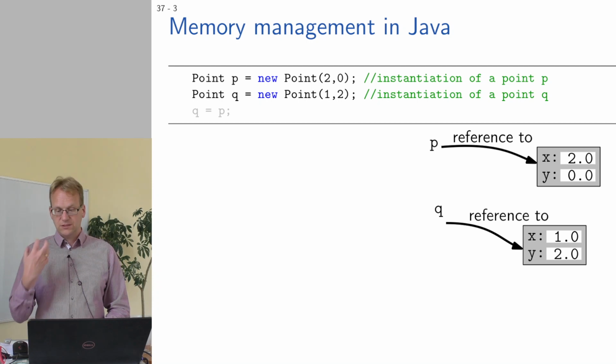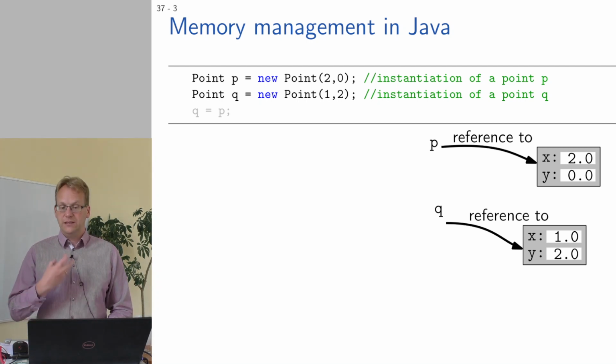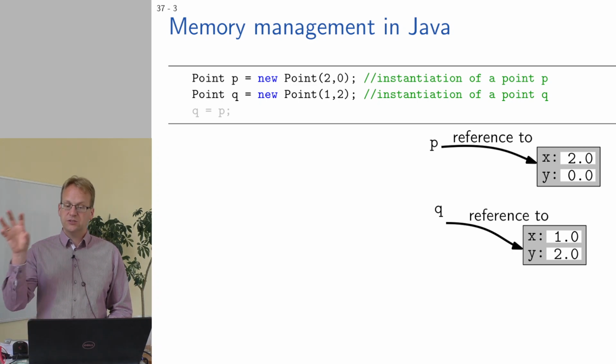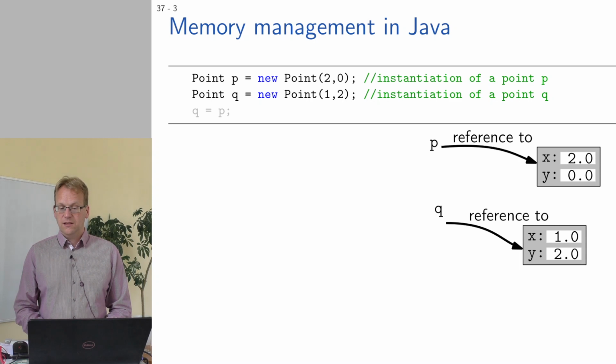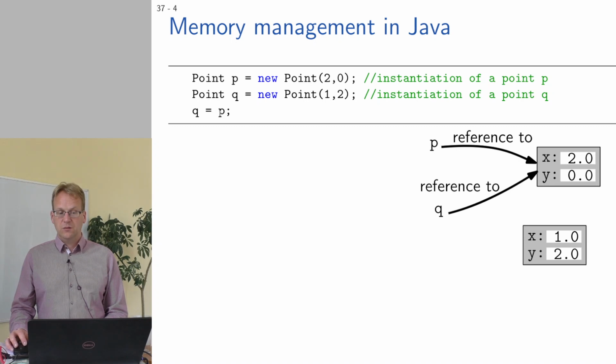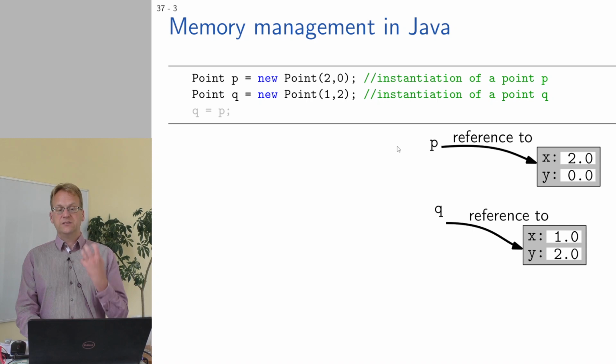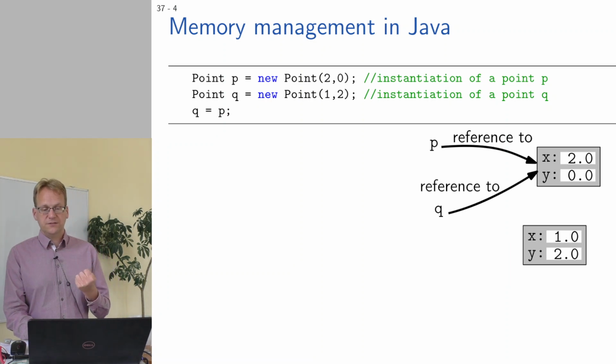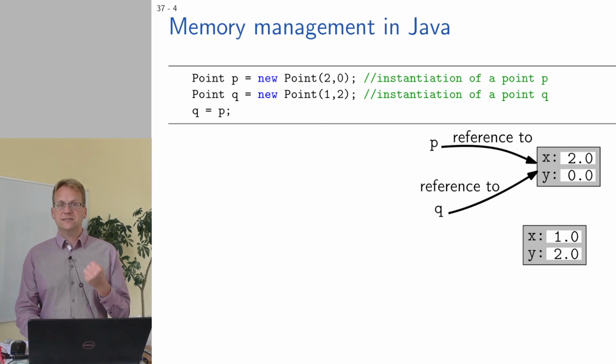With the second line of code, again we call the constructor. With that, we allocate some memory in the computer to store this new point object with coordinates 1 and 2. And next, what is happening? Q is assigned P. So basically, we read out P, we look at what is the point object referenced by P, and Q afterwards is referring to exactly the same point object.